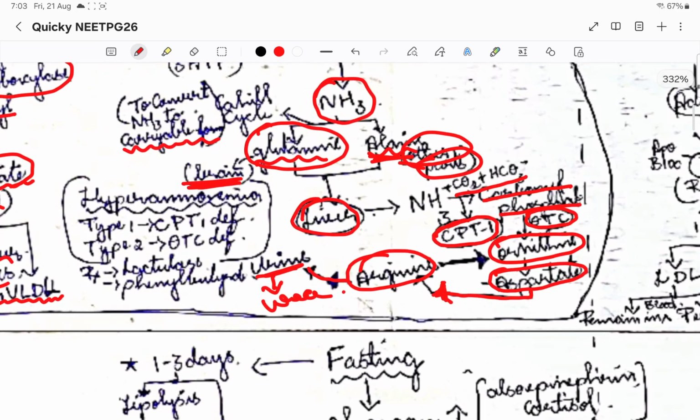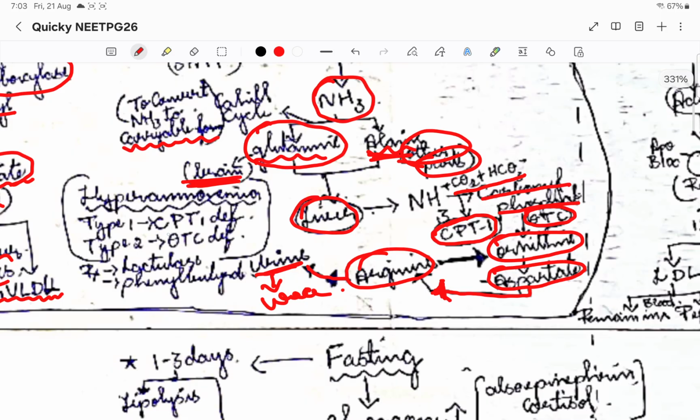Suppose there is a defect in CPT1, carbamoyl phosphate synthetase, which we saw here. In the urea cycle, if CPT1 deficiency is there, then ammonia can't be converted into urea.